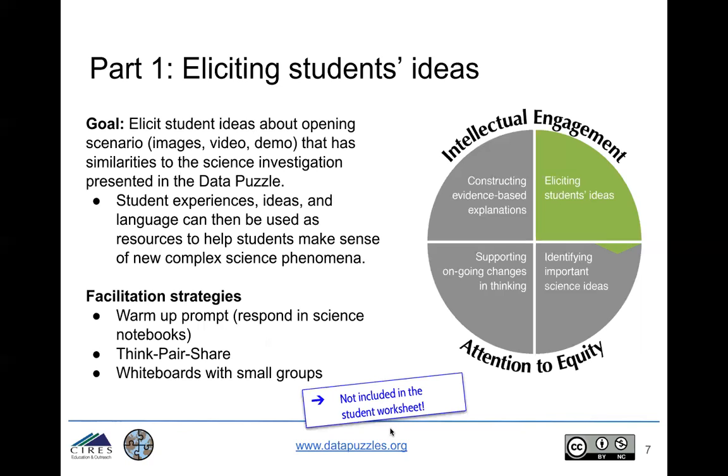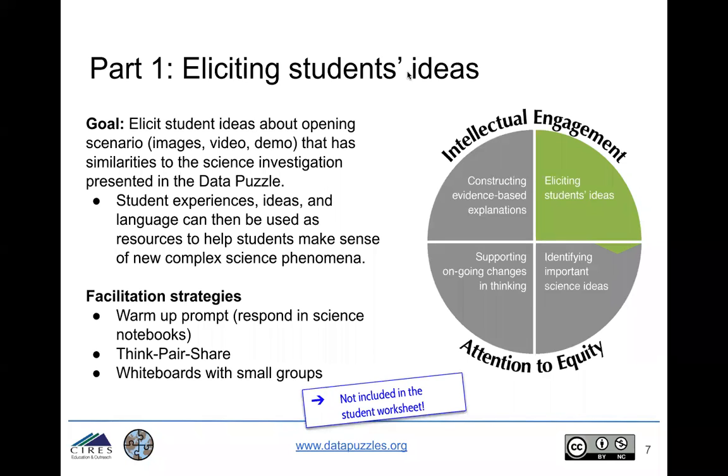I'll also add here that some teachers that piloted these resources skipped this part because of time, and in reflecting on their facilitation strategies, really wish they hadn't. So this is a piece where we've seen teachers try to cut this in the interest of time, and this is such an important piece that we really encourage you not to do that.